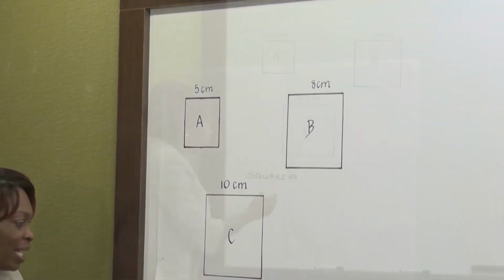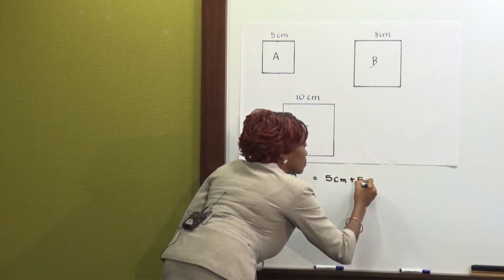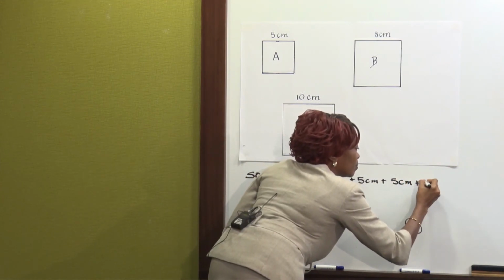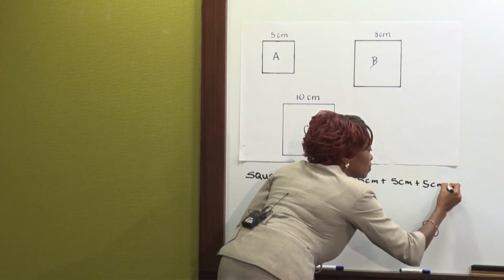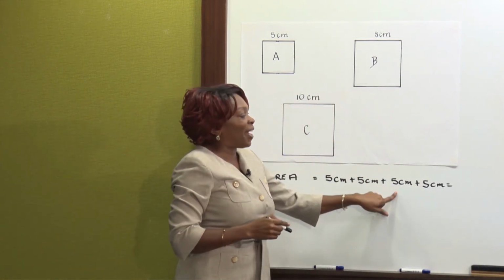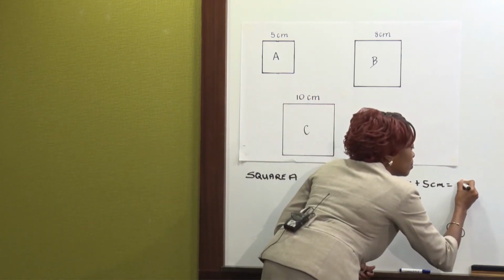Can we not? Let's write that down. What will be the total perimeter? 5 add 5 add 5 add 5 will give me what? 20 centimeters. Let's put the answer down.